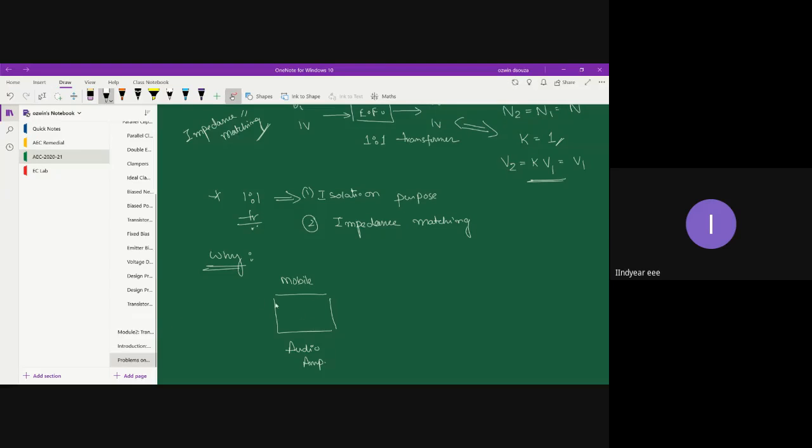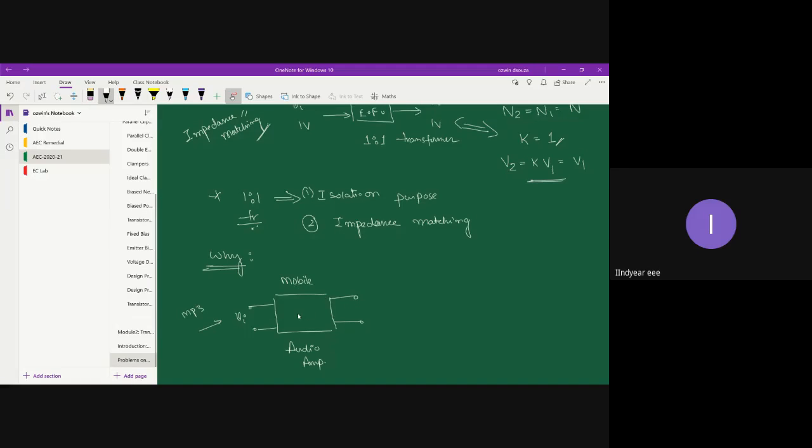Now this audio amplifier will have some input and it will have some output. The input normally could be the MP3 tracks or the streaming music you are pushing into the audio amplifier. So an MP3 track, for example, is your input.